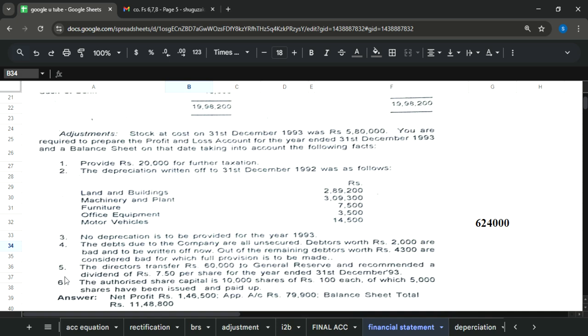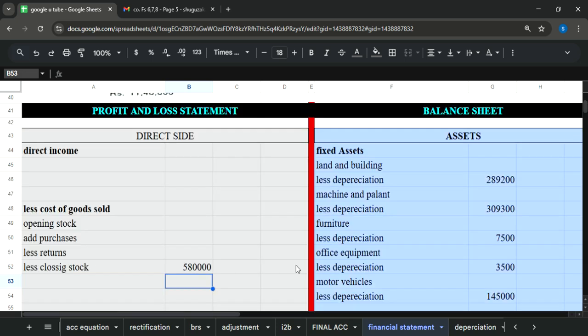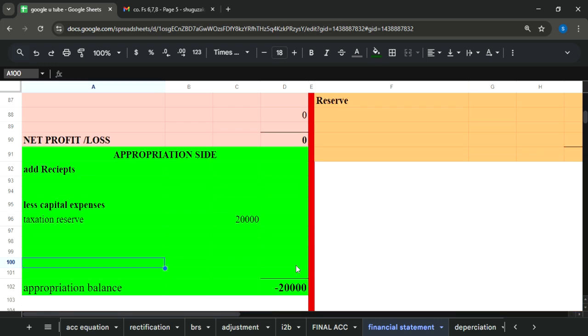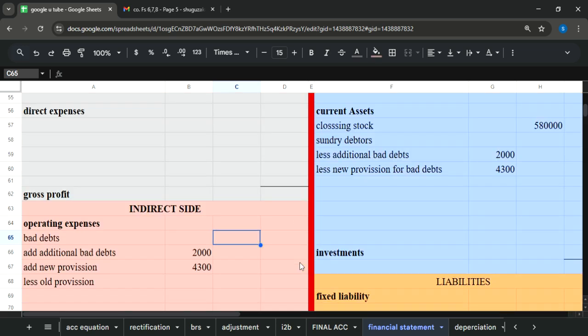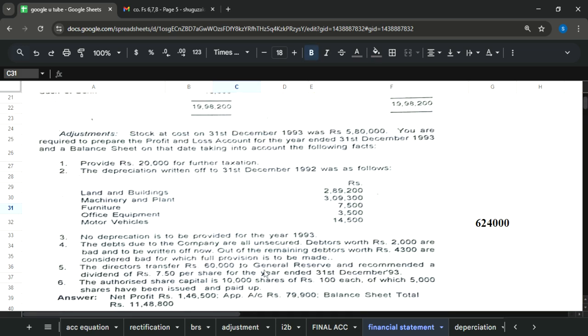Number 5, director transfers 60,000 to general reserve. Again, it's a capital sort of expense. We will come over here and we'll write transfer to general reserve, the amount of which is 60,000. Director transfers 60,000 to general reserve.